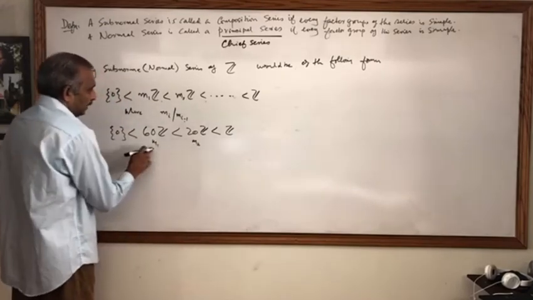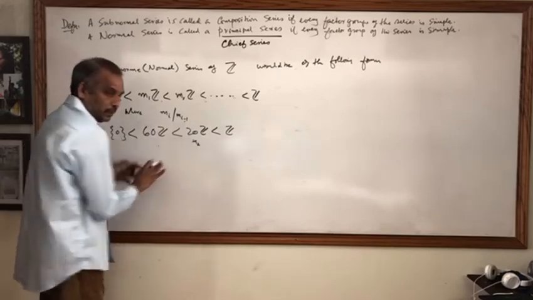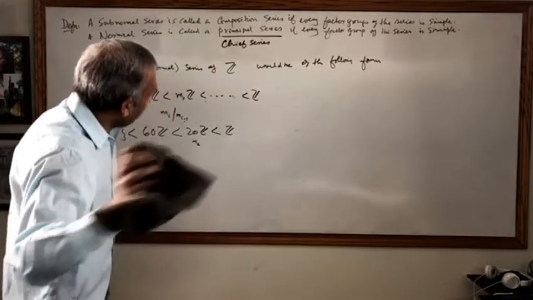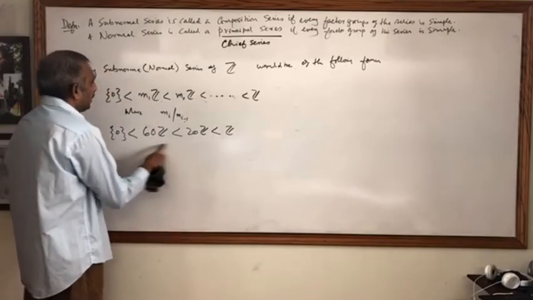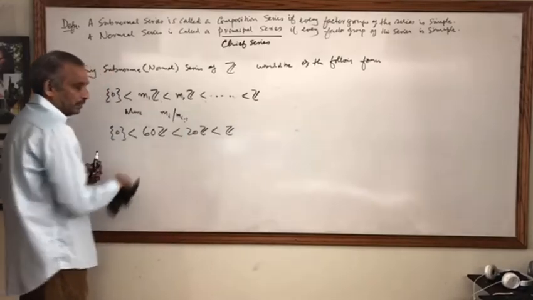So M2 divides M1. So this is how a subnormal series of Z would look like.